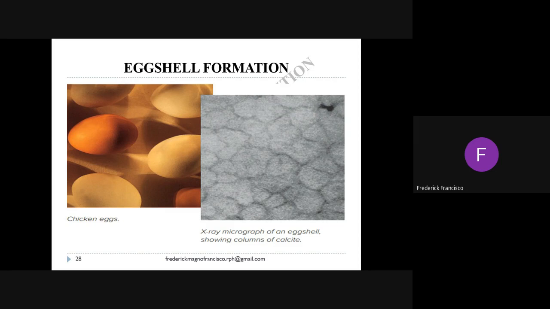The carbonate ions necessary for eggshell formation are a metabolic byproduct. Carbon dioxide produced during metabolism is converted to carbonic acid by the enzyme carbonic anhydrase. Carbonic acid ionizes stepwise to produce carbonate ions.